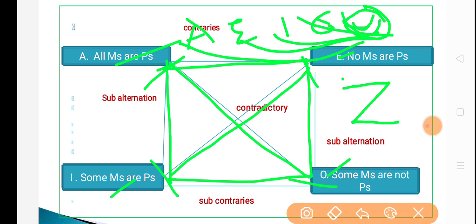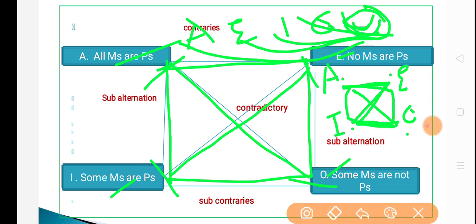In each point of this Z, we are giving the alphabet A, E, I and O. So, from this Z also we can construct the square box.